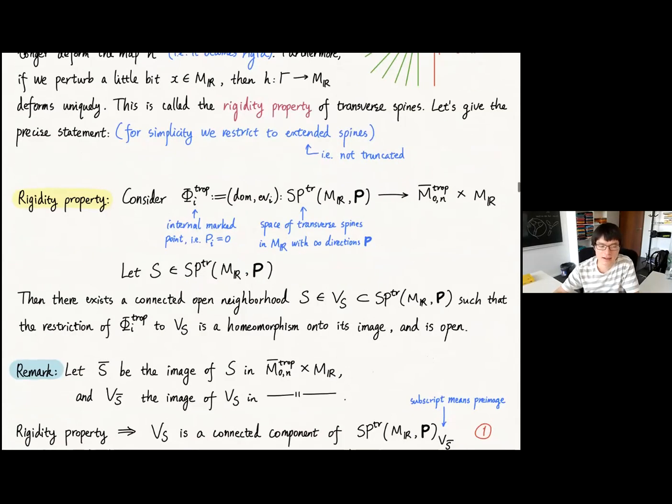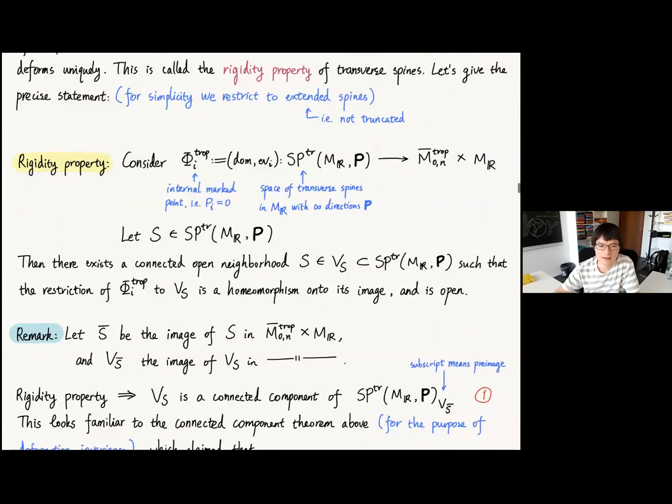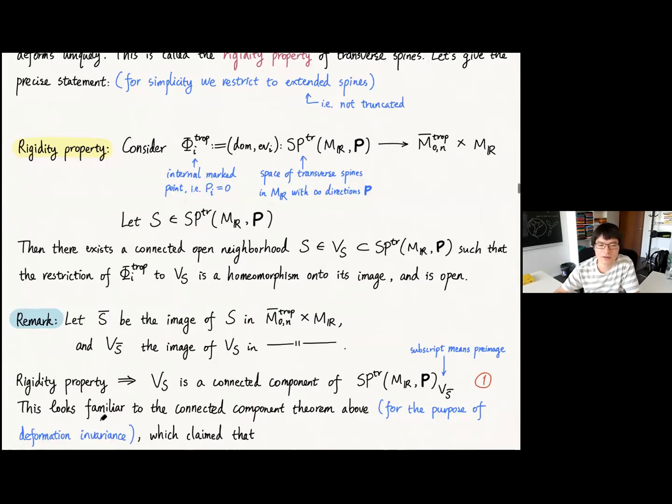Then the rigidity property implies that Vs is a connected component of the space of spines restricted to Vs bar, meaning that Vs is a connected component of the subspace where we ask the ith marked point to lie in Vs bar. And this looks familiar to the connected component theorem above.